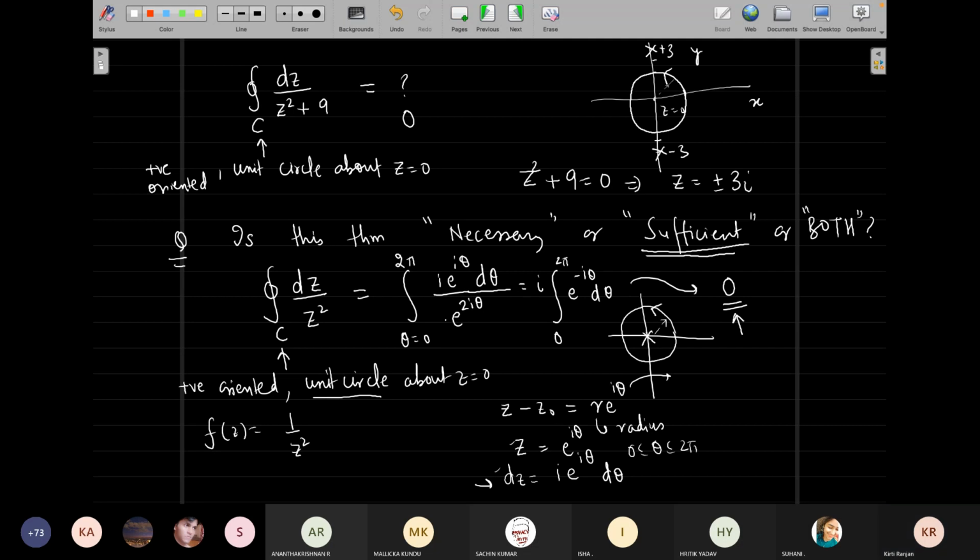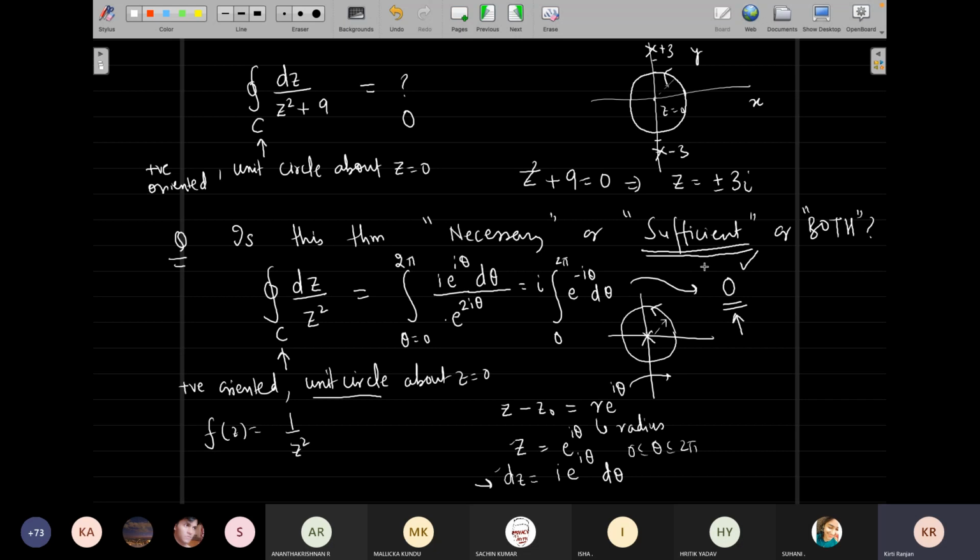Let's just say this is the only right answer for this question: we have a condition that if f(z) is analytic inside and on the contour, then definitely the integral will be 0. So that means there can be other functions also for which your integral turns out to be 0, even though we may not be completely knowing about all those functions.